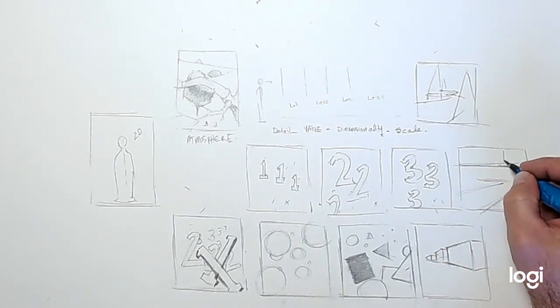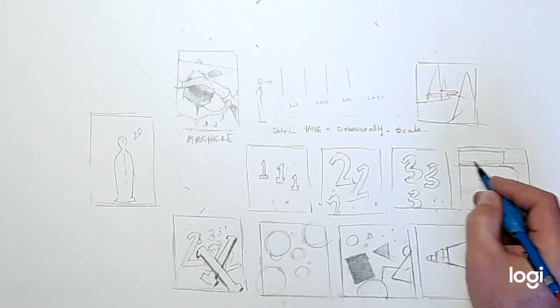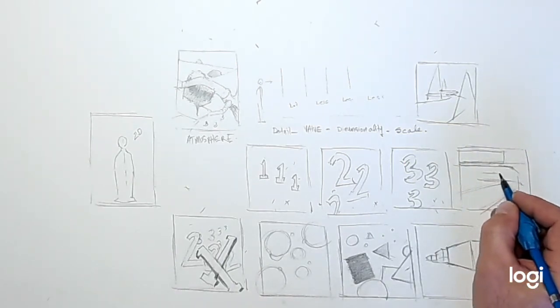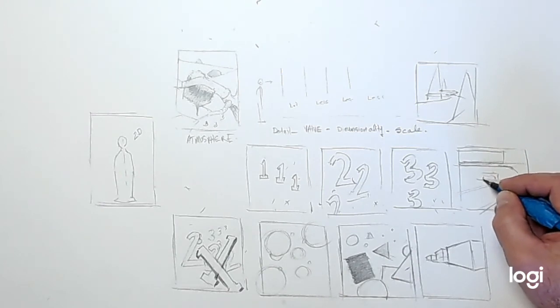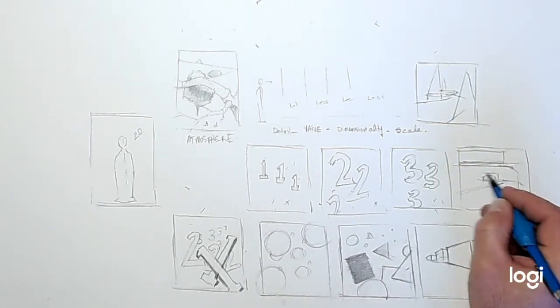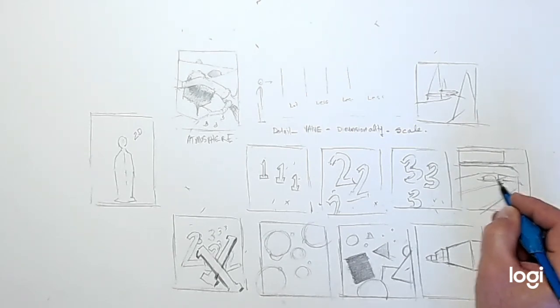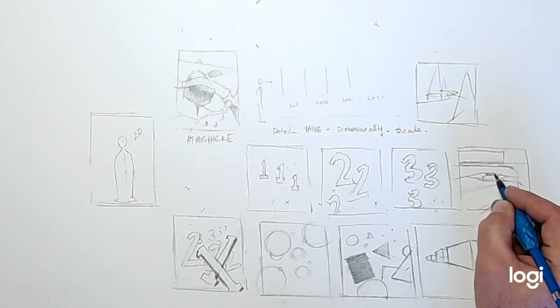And there might be a sign on the bridge here, like sometimes bridges have signs. And now in the distance, there could be another bridge. But this time we see the entire bridge, but we've reduced its scale. And that bridge could also have a little sign on it.